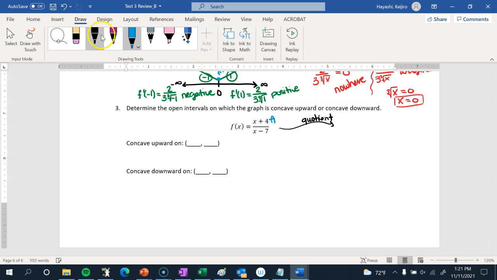We'll label the top as A and the bottom as B. Although this is a rational function, the derivative won't be so terrible because the degree at the top and the bottom are both 1, and it'll be a lot simpler than some ones you've seen. So if A is x plus 4, A prime will simply be 1. The derivative of x is 1 and the derivative of 4 is nothing. If B is x minus 7, B prime will also be 1, because the derivative of x is 1, and the derivative of minus 7 is nothing.